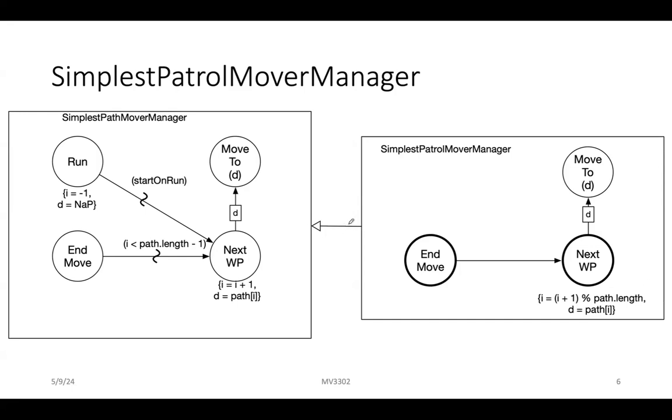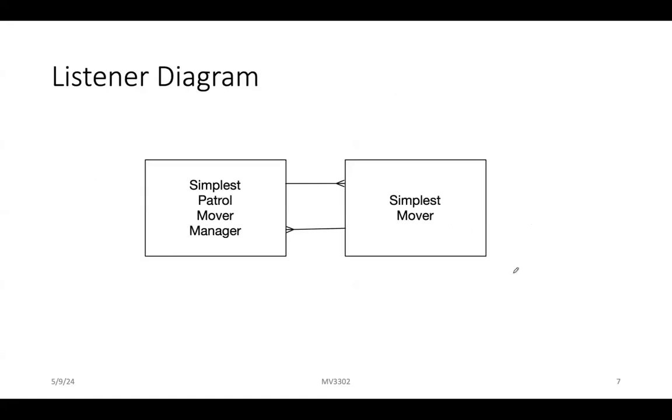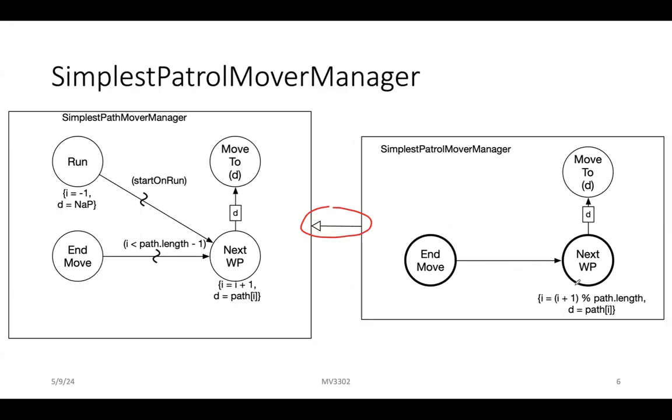And so, yeah, no, this is not a listener diagram. Notice this is a subclass diagram. And remember that a bold border means that we're completely overriding what the superclass events are doing. So our end move event is always going to schedule the next waypoint, and what it's going to do is we can modulo our index to the path length.